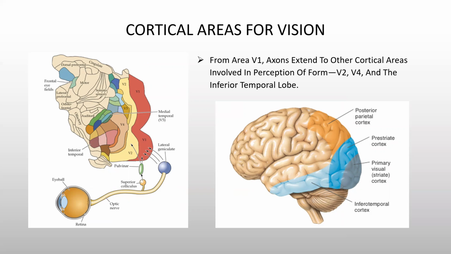Okay? And so on the left-hand side here also, I provide you a graphic that shows all of these different areas, okay? V2, V4, and the inferior temporal lobe are also shown on there. And we could go into a lot more detail on exactly what V2 and V4 do, but it's outside of the topic of this class.